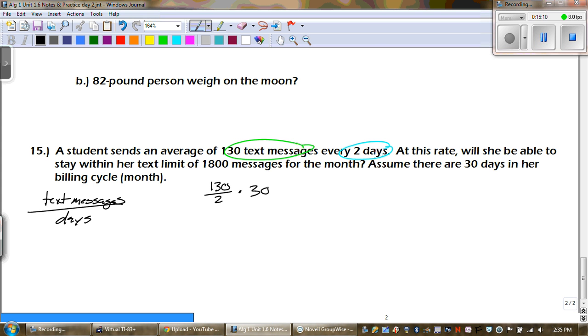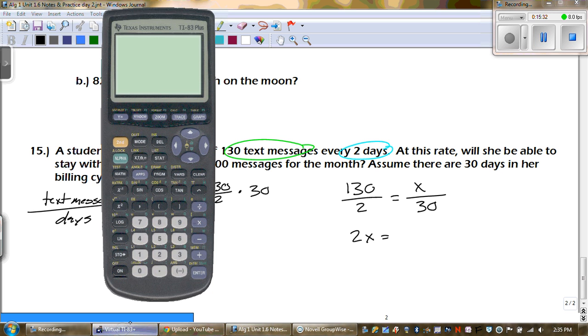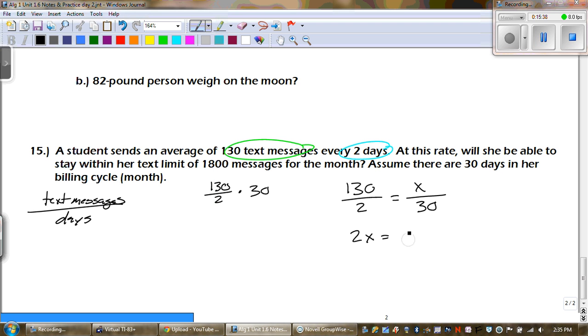But another way that we can do this is by setting up the proportion. So text messages over days, and we don't know how many they're going to use, and we know that there are 30 days. So when you cross multiply, you get 2x equals, and I don't have this right on the top of my head, so 30 times 130 equals 3,900.